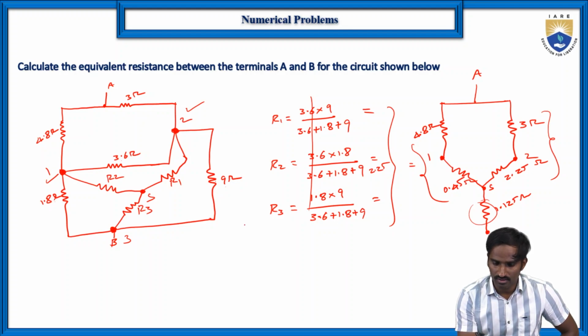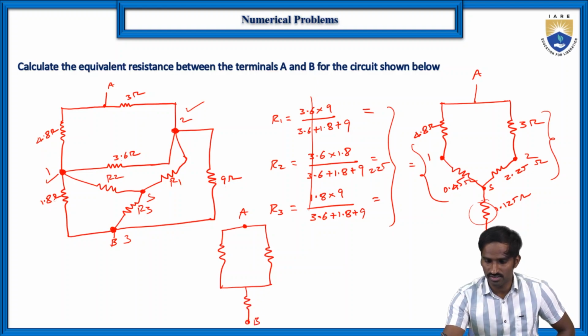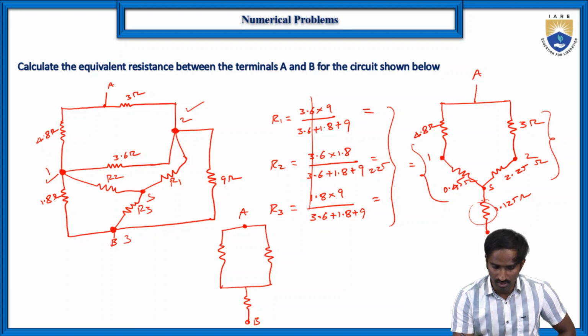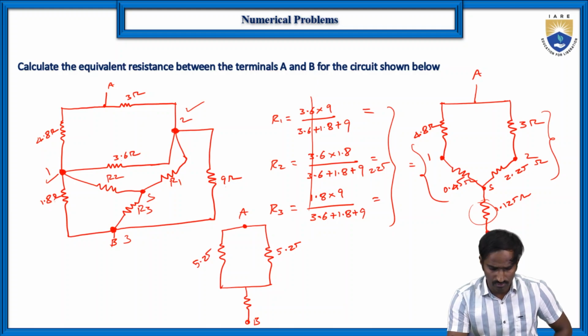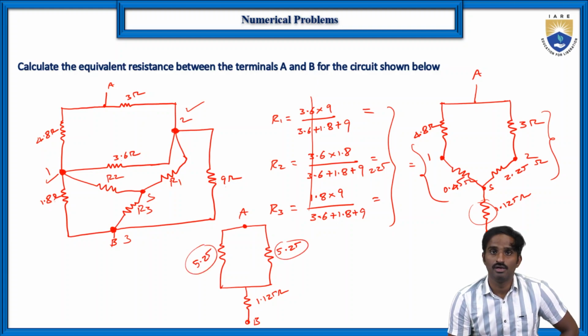So this is again A, and in between A there is one resistor, and here it is one resistor, and here it is another resistor, and this is the B. Because here these two are in series, 4.8 and 0.45, so this is 5.25, and here it is 3 and 2.25, here it is 5.25 ohms, and here 1.125 as it is.